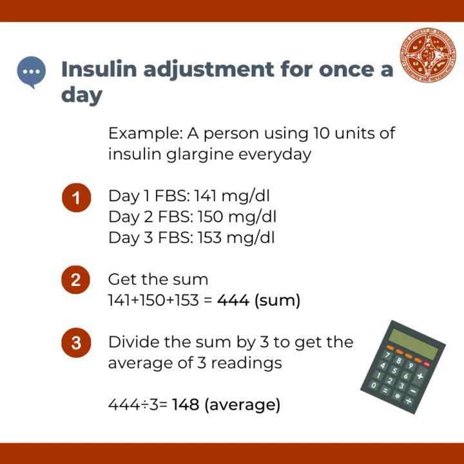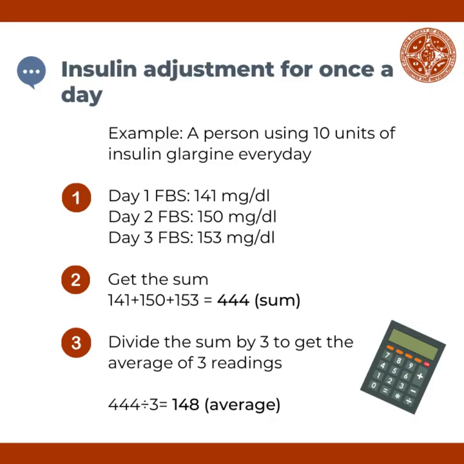Here is an example of insulin adjustment in a person using glargine at 10 units subcutaneously once daily. Fasting blood sugar was obtained on days 1 to 3 with the following results. Day 1, 141 milligrams per deciliter. Day 2, 150 milligrams per deciliter.